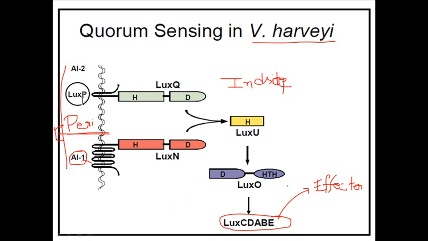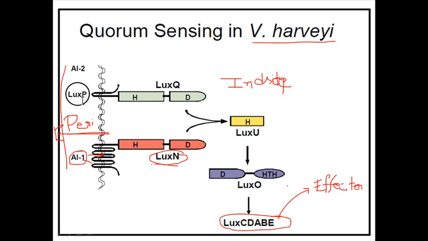So this is the pathway known to us: the autoinducer molecule produced by these cells can bind with this receptor, which has several transmembrane regions. In this picture it is shown clearly. After the attachment, different changes occur in the conformation. This is called the LuxN protein.